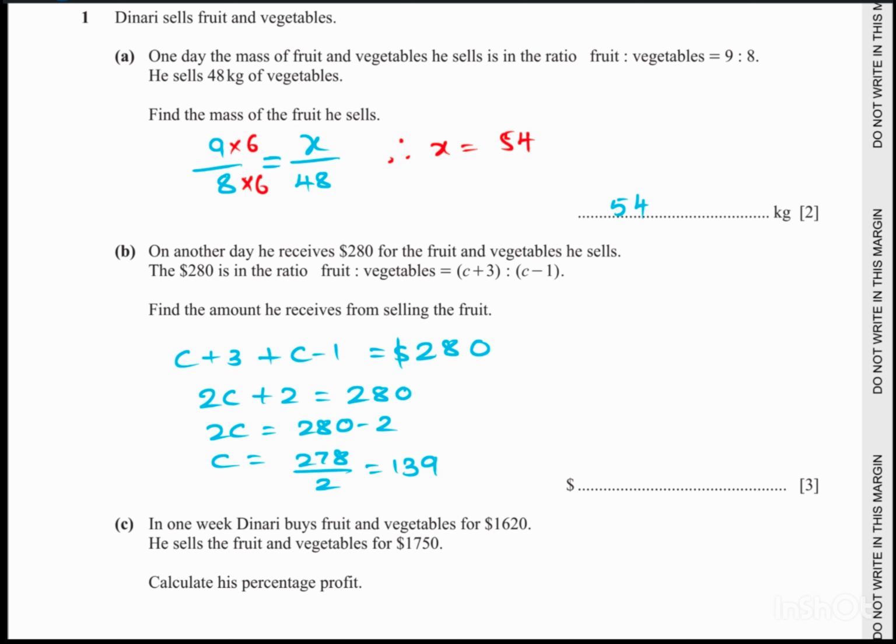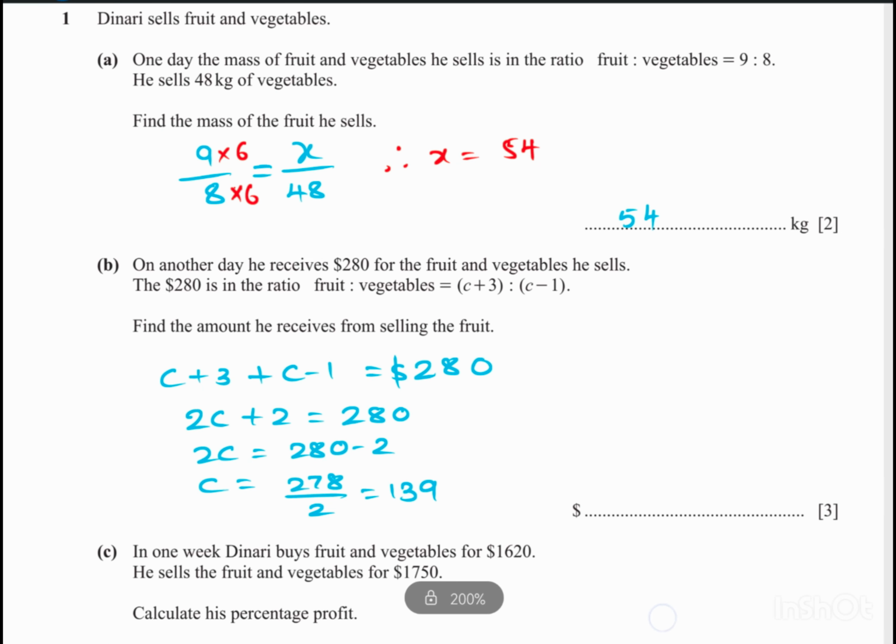They are asking to find the amount he received from selling the fruit. So the amount received by selling the fruit will be C plus 3, that is equal to 139 plus 3. So 139 plus 3 will be $142.